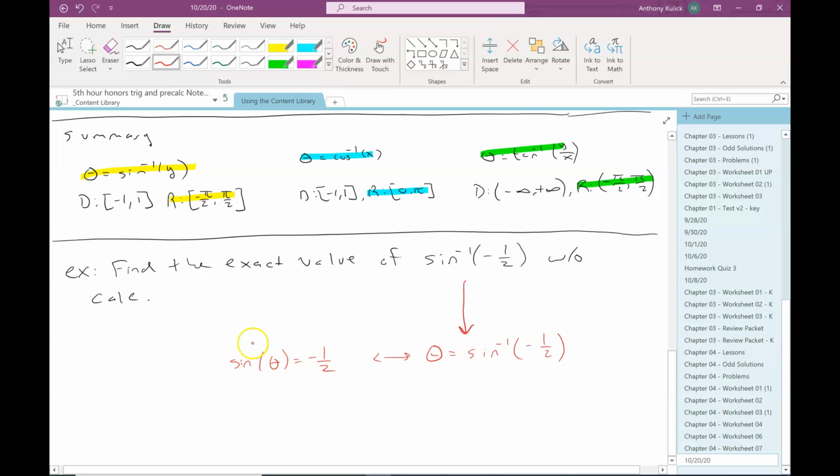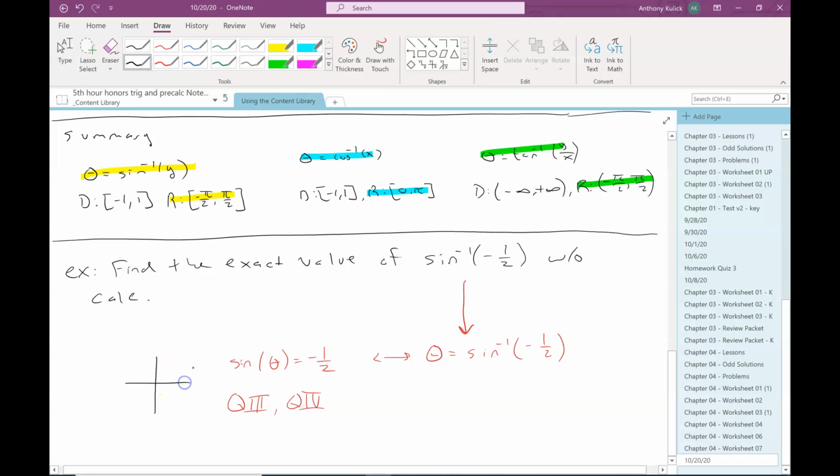Now, sine is negative in what quadrants? Good. Should be quadrant 3 and quadrant 4, because the sine is the y-coordinate on the unit circle. The y-coordinate is negative when it's below the x-axis.